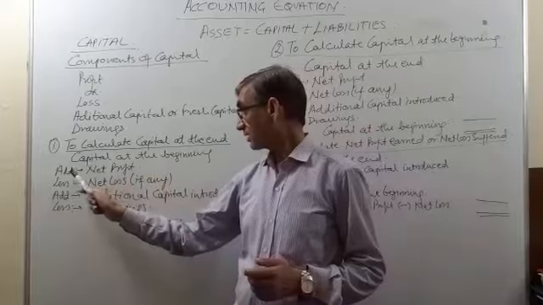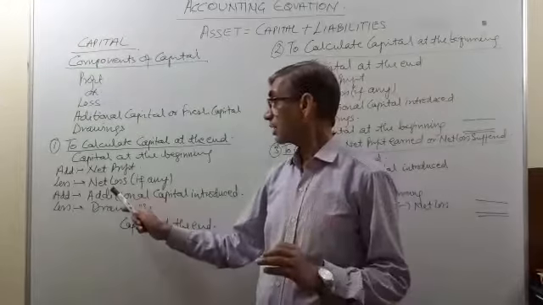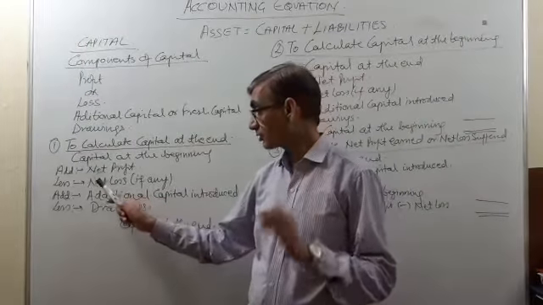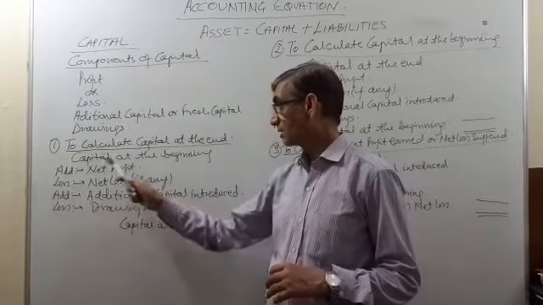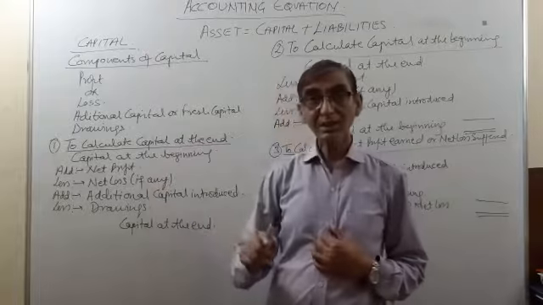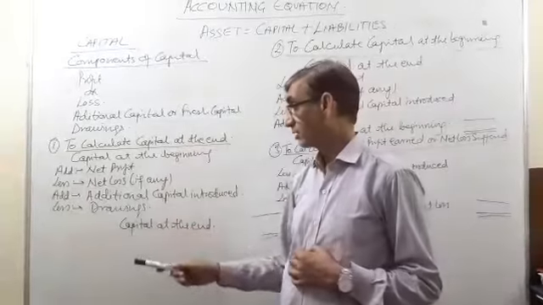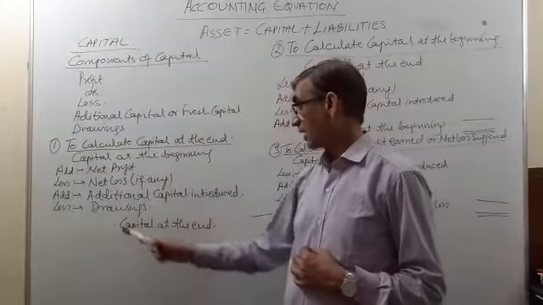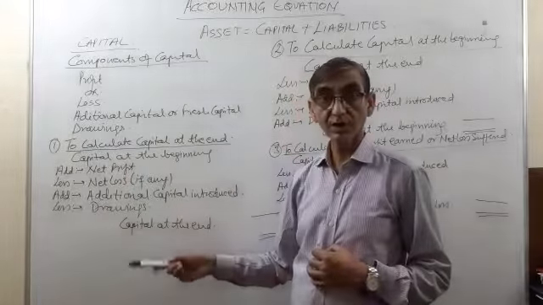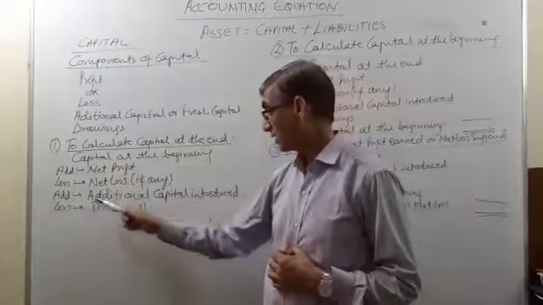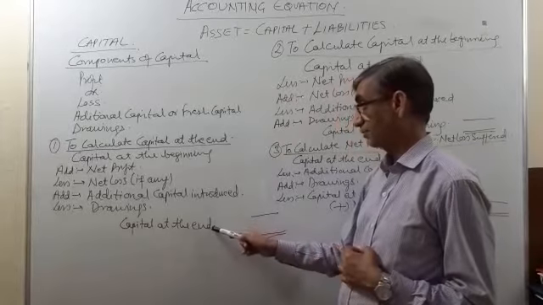To this we will add the net profit if we have earned a profit, and if the business has suffered a loss during the year, then it will be subtracted. Whatever additional capital has been introduced in that accounting period will be added, and the amount or goods withdrawn for personal use will be subtracted. The end result will be capital at the end.